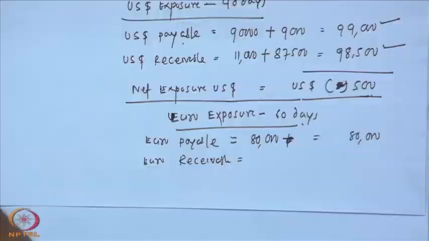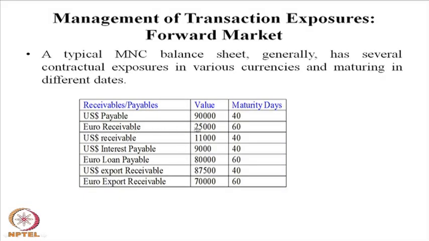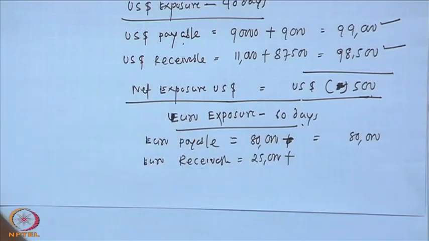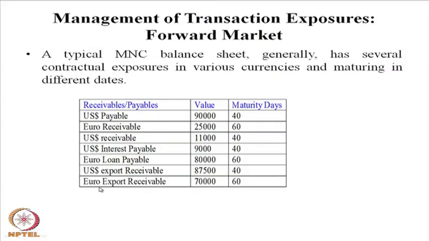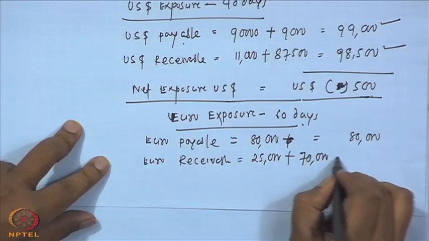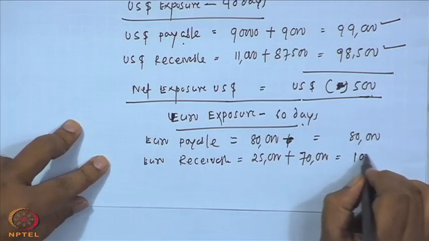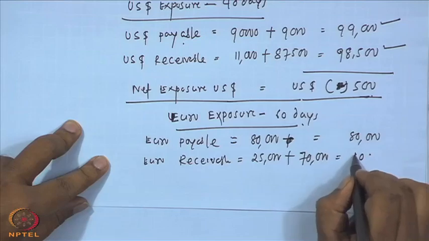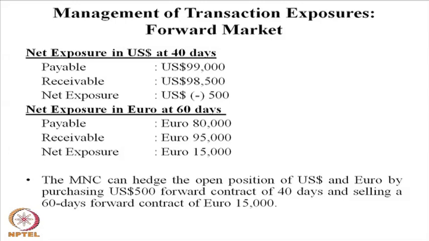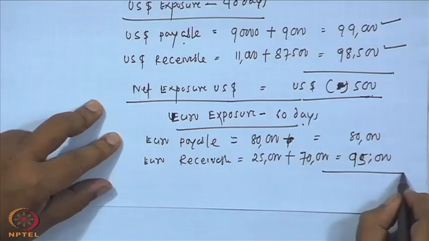Euro receivable 25,000 after 60 days. Anything more? Euro export receivable 70,000 after 60 days. So the total euro receivable is 95,000, and the euro payable is 80,000.